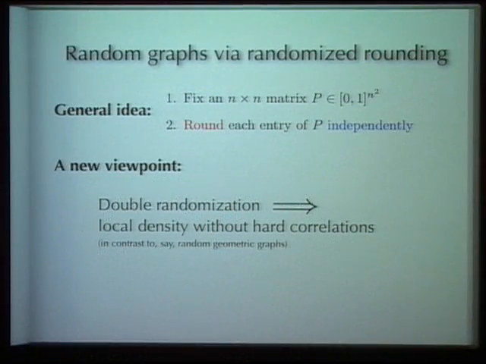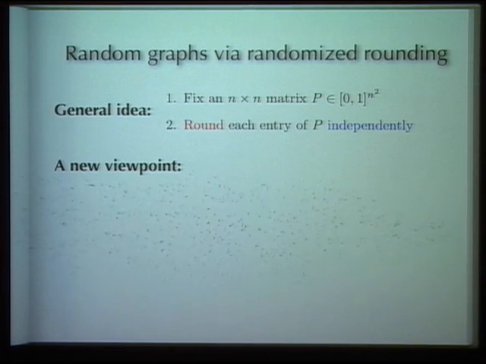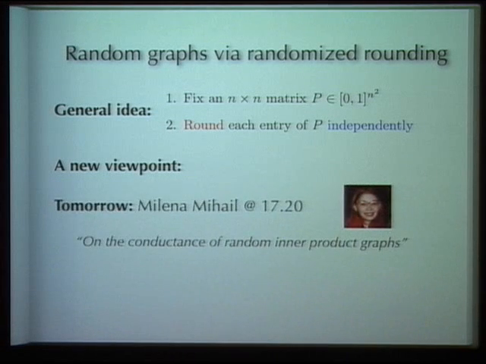Whereas here, the random placement in a low-dimensional space creates correlations in the values for Pij, but the independent rounding allows us to treat things a lot better from a mathematical point of view. Milena will talk about this tomorrow at 5:20.